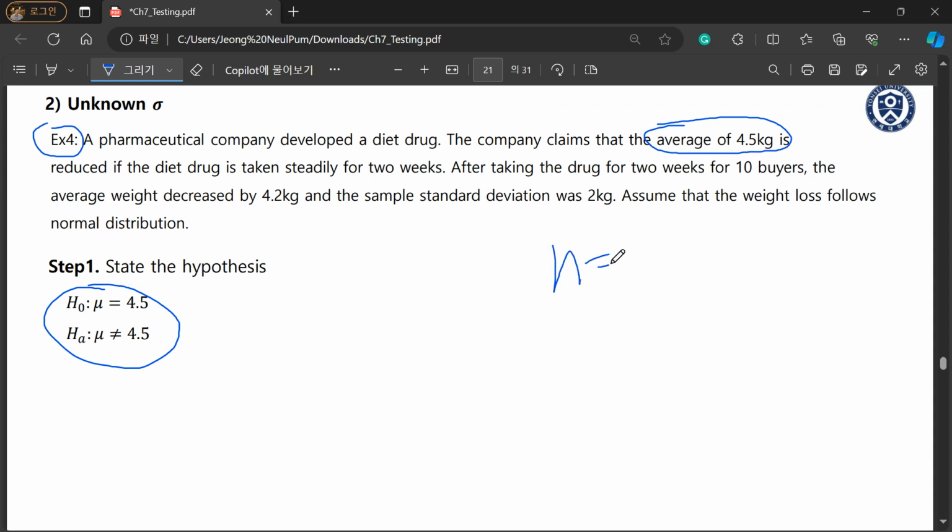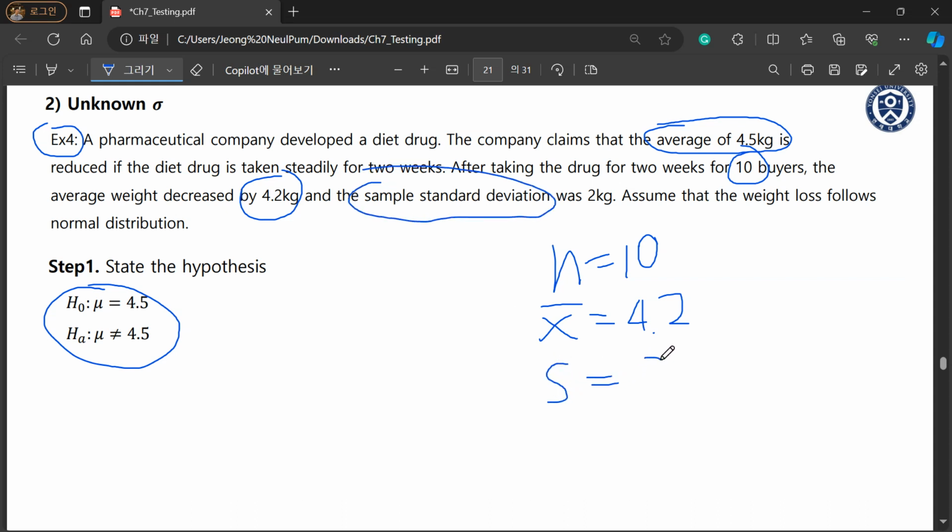And our sample size is 10 here. And the X bar sample mean is 4.2. And the problem doesn't give us the sigma squared value, which is the population variance, but it just gives us the sample standard deviation, which is S2.